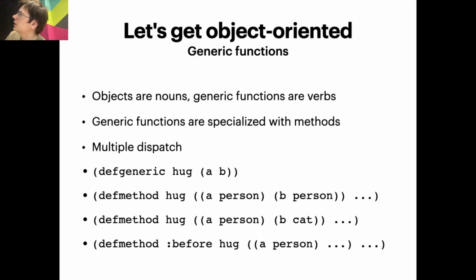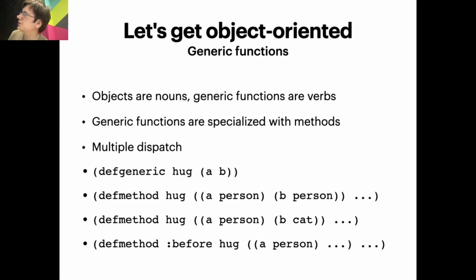For example, we can have a method that gets executed when A is person and B is person. Person in this case is the class. So the first method definition is for the case when both arguments are of the same class, person.